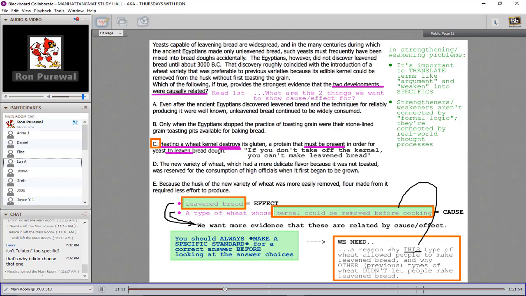So no, the gluten thing is not it. I mean, that's the reason why the leavened bread is impossible, but it doesn't matter why that is. Whatever the reason is, it's going to be a specific reason, right? There has to be some reason why other varieties of wheat didn't let you make this kind of bread.